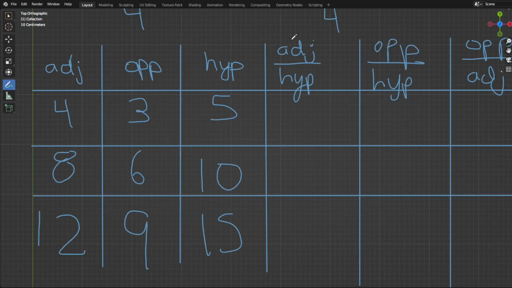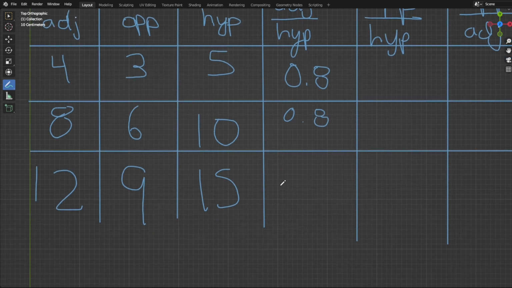Okay, let's look at the adjacent over the hypotenuse. So that's this row, 4 divided by 5. That's 0.8. Then 8 divided by 10, because we're going for adjacent here, well, that's 0.8.